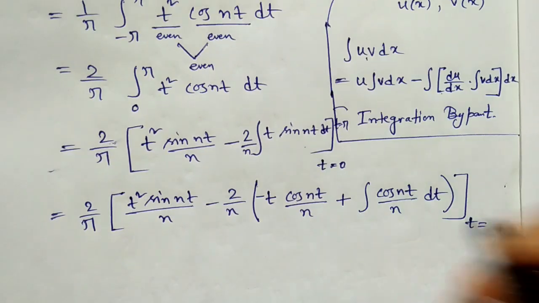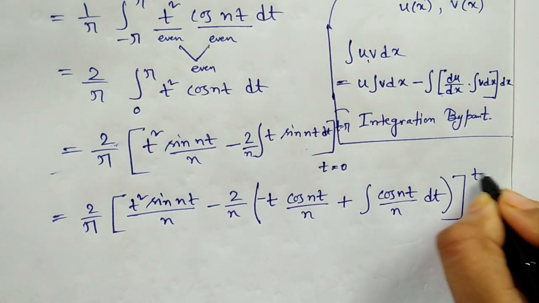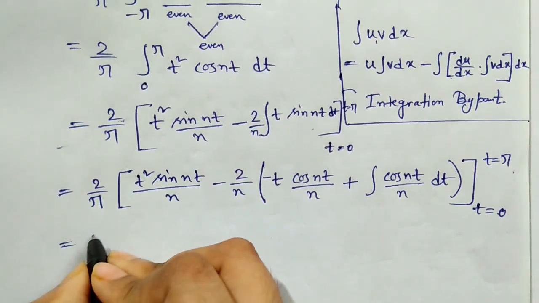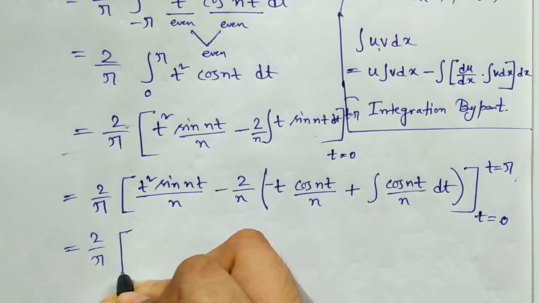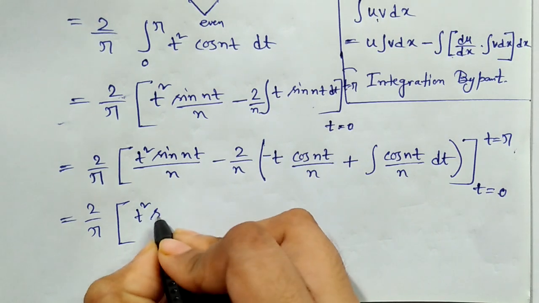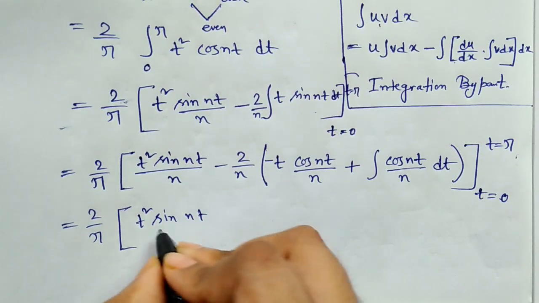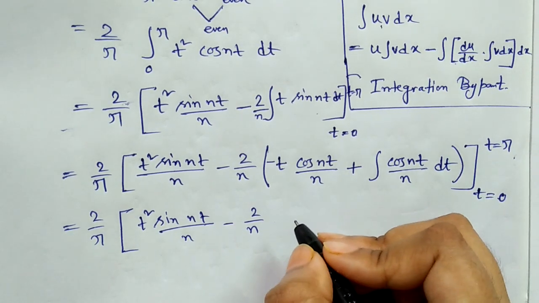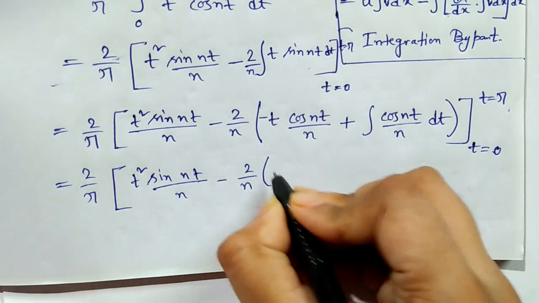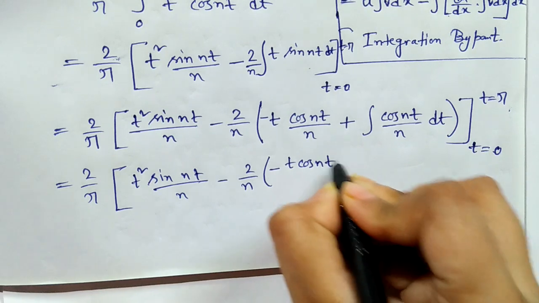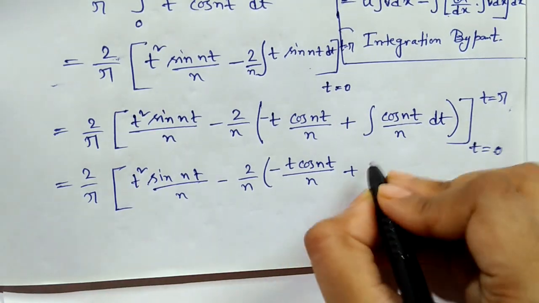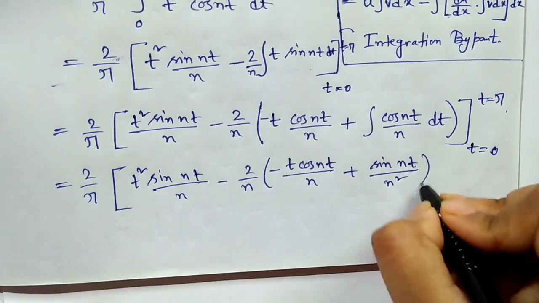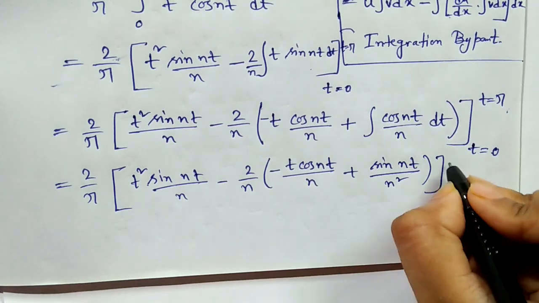This outside of the bracket, t equal to 0 to pi. Okay. Next, this is equal to 2 by pi, t square sin nt by n minus 2 by n, minus t cos nt by n plus this equals sin nt by n square, t equal to 0 to pi.